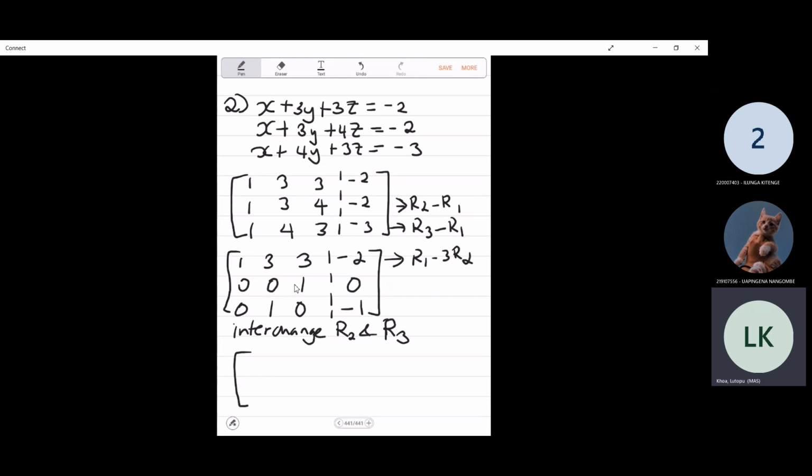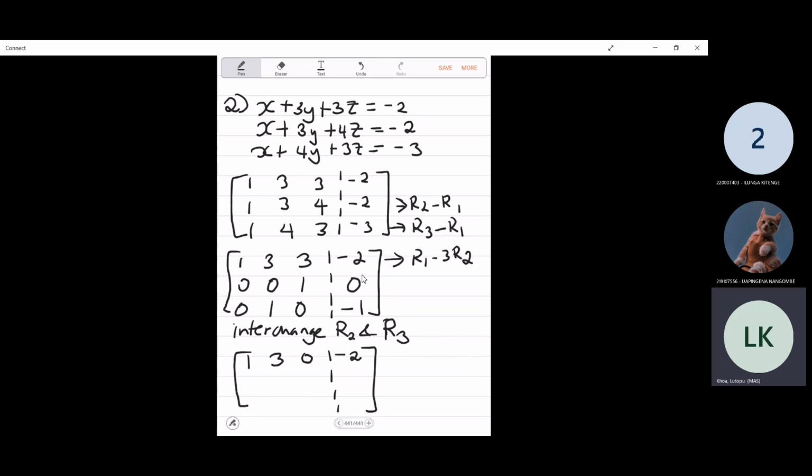So what I have is 1 minus 0, and then this is a 2, and then 3 minus 0 is 3, then 3 minus 3, this is 0, then minus 2 minus 0 is just minus 2.